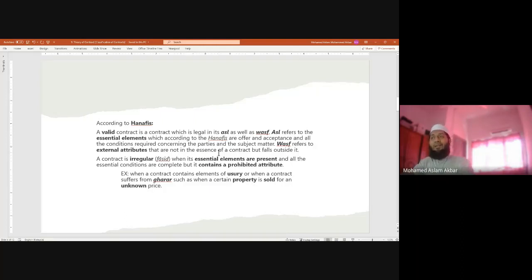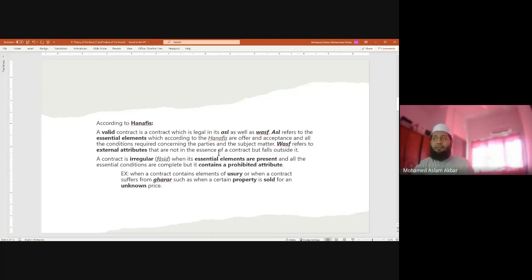This contract is batil according to the majority. But according to Hanafi, this is not batil, they call it fasid. Why do they want to call it irregular or fasid?